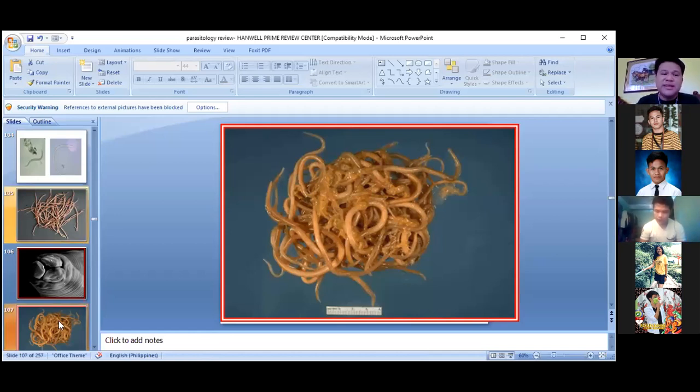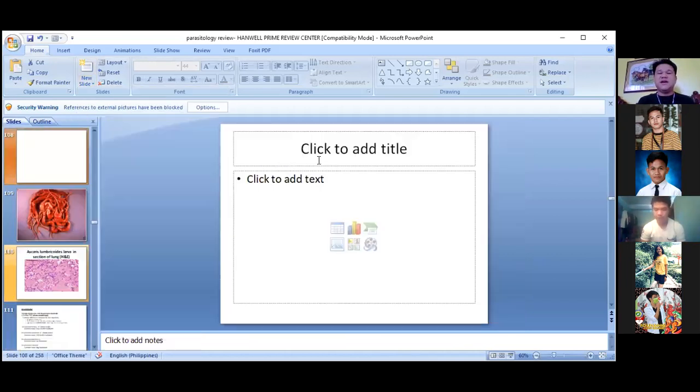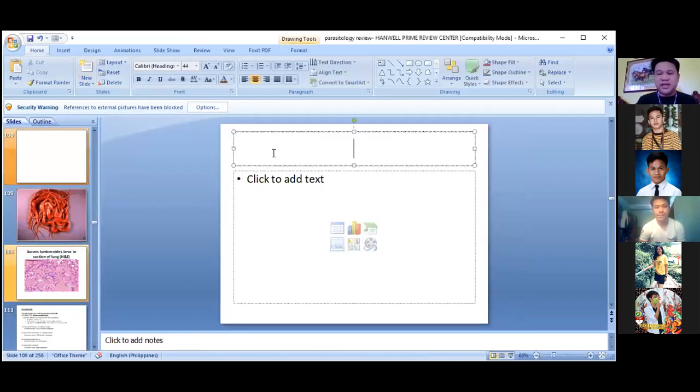Naintindihan? Now, what happens in your liver? Since the liver is being infected, we have what we refer to as hepatic ascariasis. The disease is known as hepatic ascariasis.